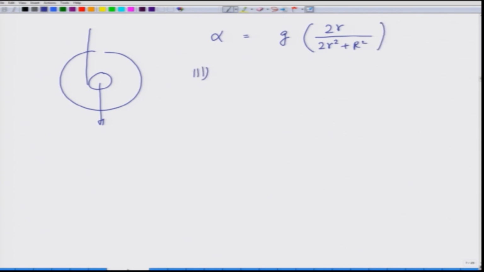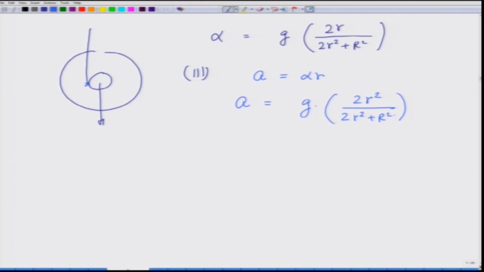Third equation is going to be that this point is stationary, and therefore the velocity of this point always remains the same, and that implies that a must be equal to alpha r, and therefore the linear acceleration of the center of the body is going to be g times 2 r square over 2 r square plus r square.